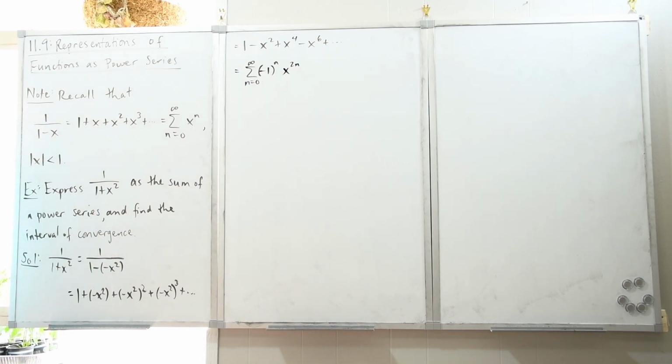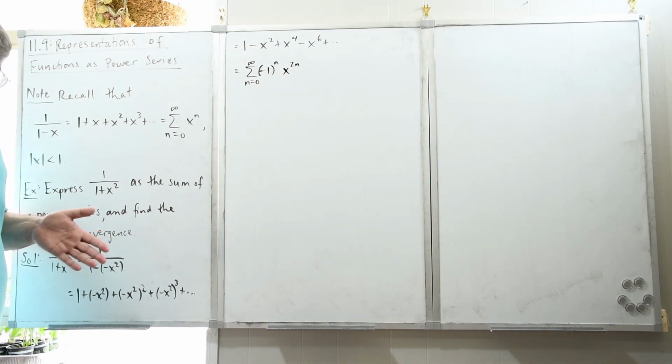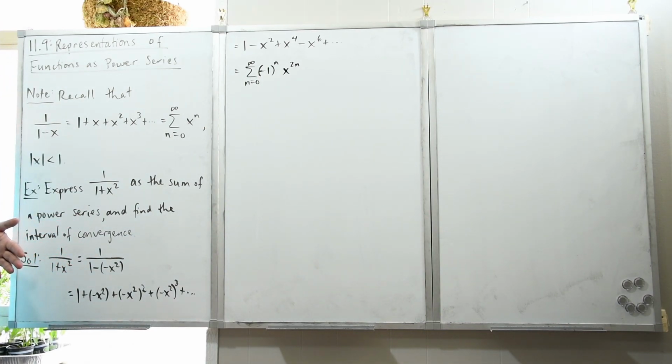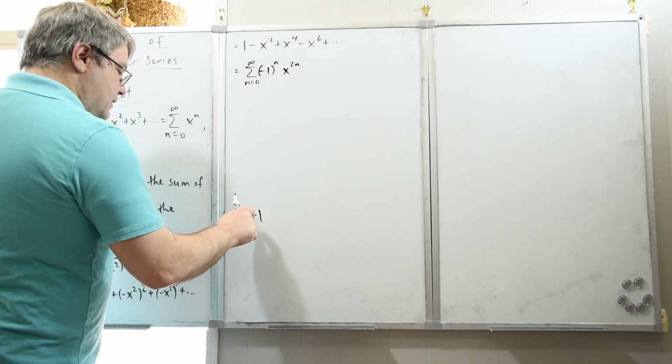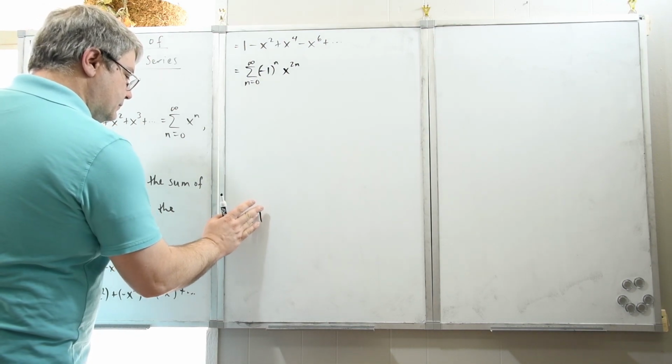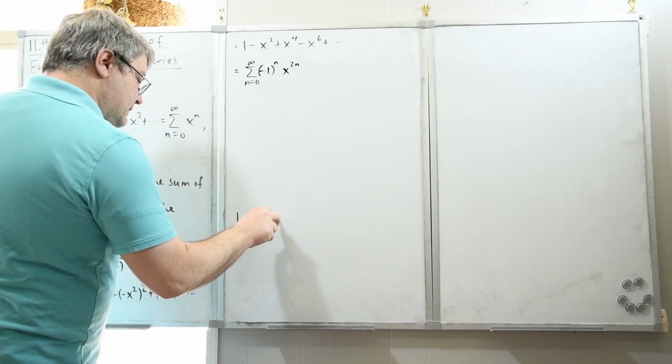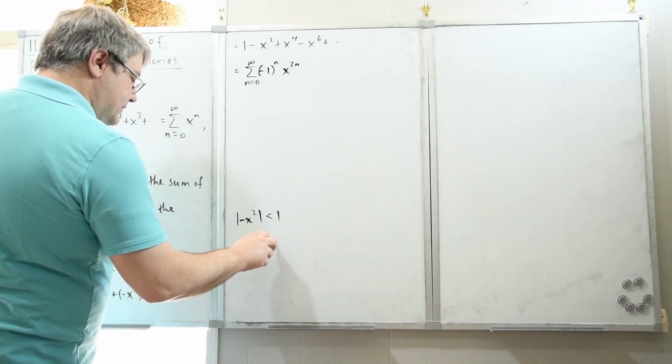Now, in terms of the interval of convergence, what we would need is for this common ratio to have an absolute value that's less than 1, which would mean that the absolute value of negative x squared would need to be less than 1. But if the absolute value of negative x squared is less than 1, that means that the absolute value of x squared is less than 1.